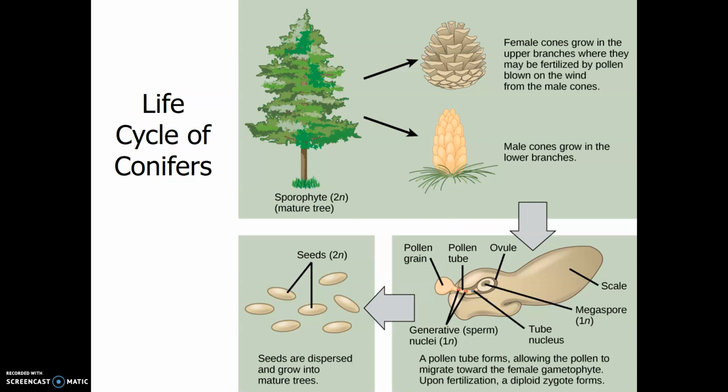At this point, I wanted to make sure that you knew that the gametophytes become reduced in the vascular seed plants. The male gametophyte is actually the pollen grain, and the female gametophyte is the embryo sac that contains the egg.